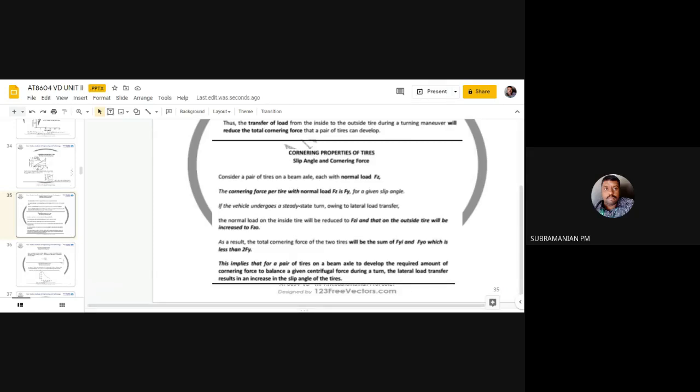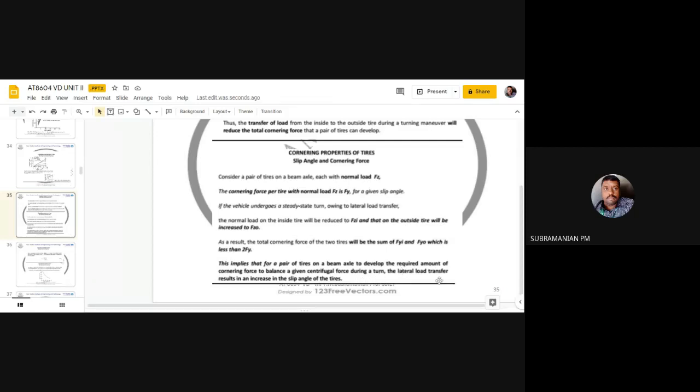That force together with the centrifugal force will bring the self-aligning torque and will bring the tire back to the original position. So some amount of cornering force has gone to produce the self-aligning torque. That is why, when I add the two cornering forces, it is not equal.